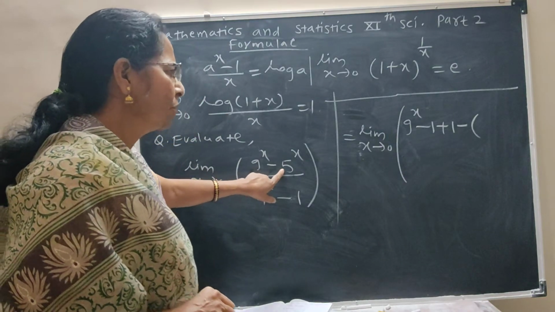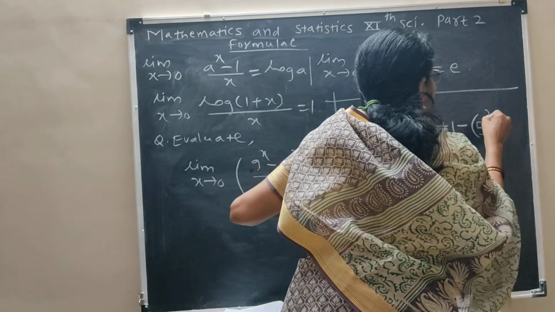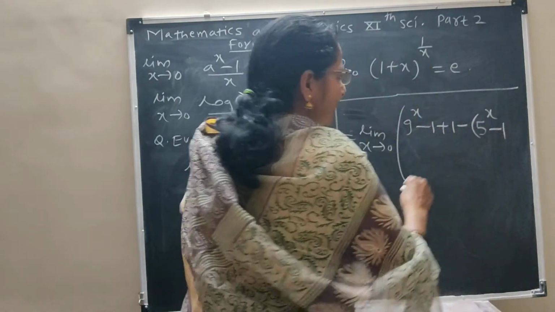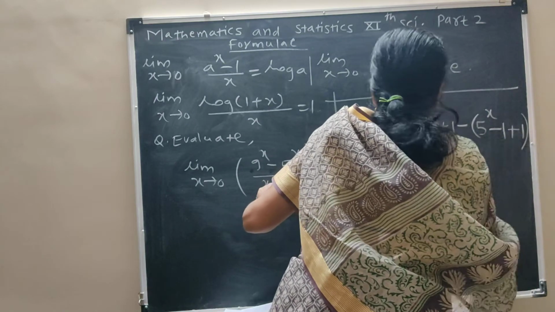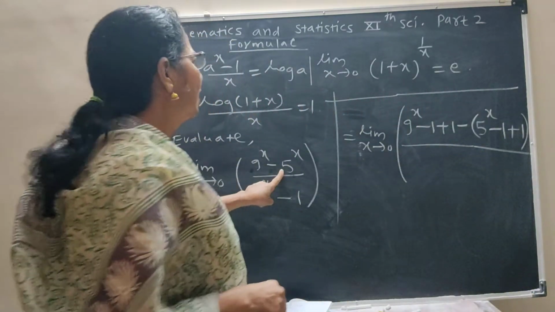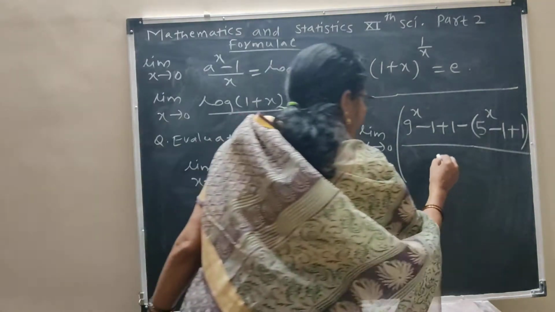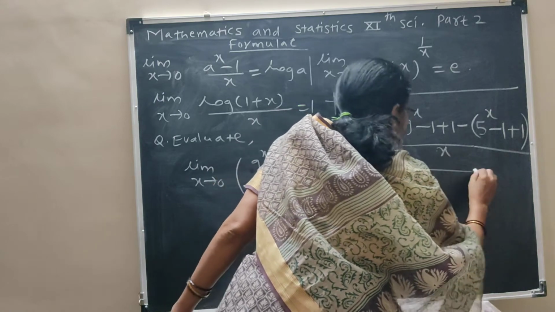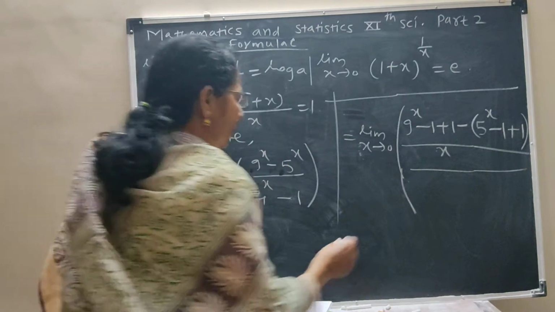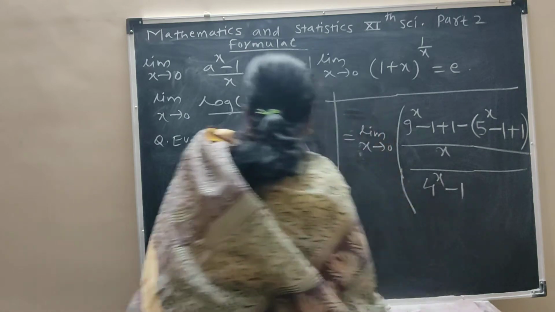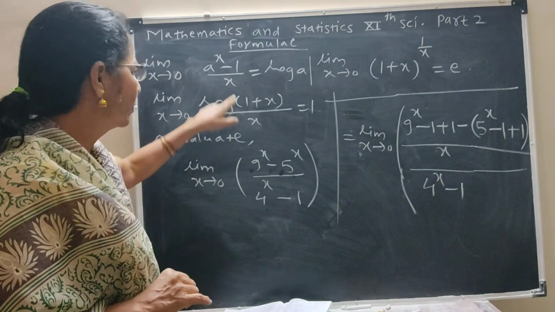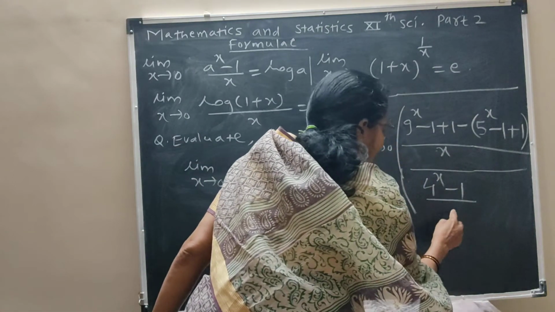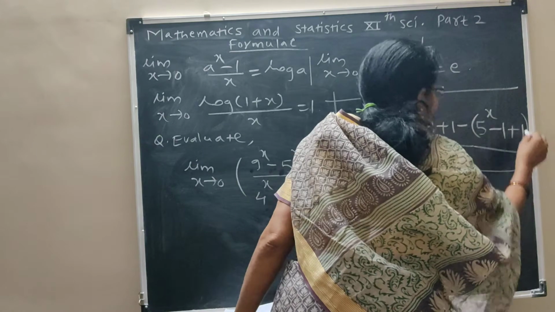In the bracket, 5 raised to x, we have to take minus 1, so take plus 1, upon totally divide by x. Remember, divide by x. Then next is 4 raised to x minus 1 is there. So we only have to take this x at denominator, multiply by x.